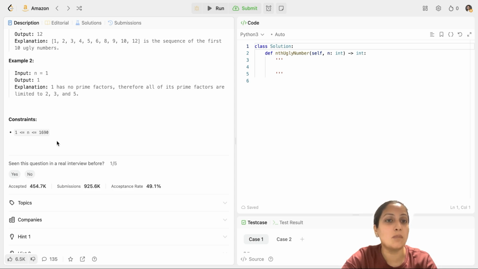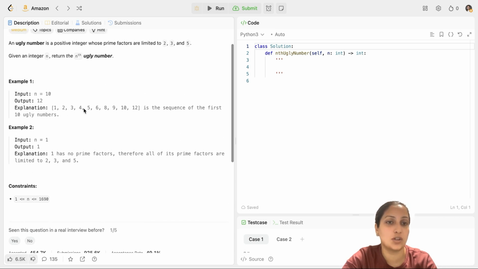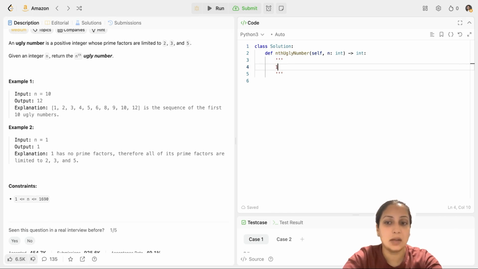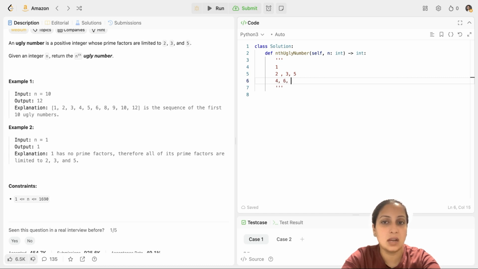So what will be your brute force approach to solve this question? Your brute force approach will be first listing out 1 and then multiplying by 2, by 3 and by 5. Then take the minimum out of these. Take 2, multiply it by 2, 3 and 5, which gives 4, 6 and 10. And then take 3, multiplied by 2, which is 6, but you already have 6 earlier, so you have to handle the duplicates.